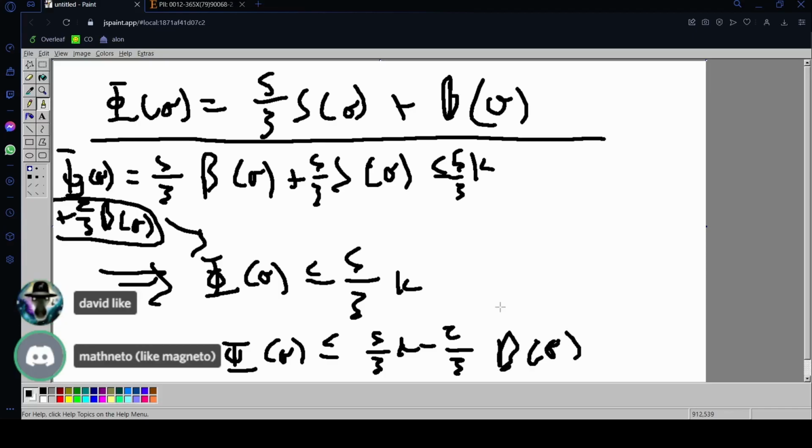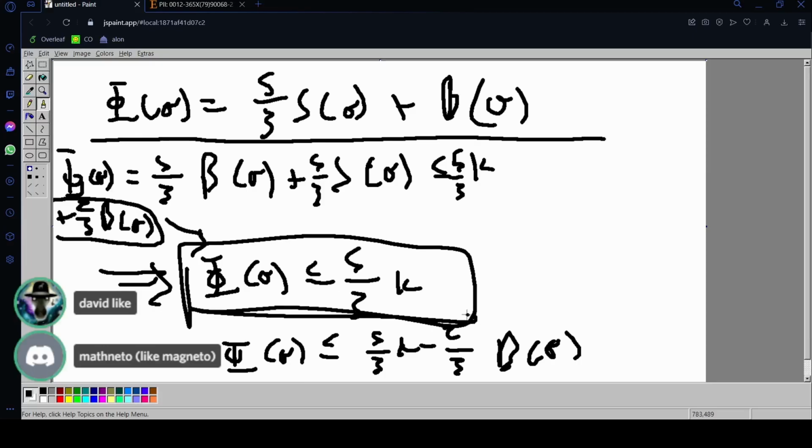I'm overcomplicating this. It's just kind of obvious that this is true.